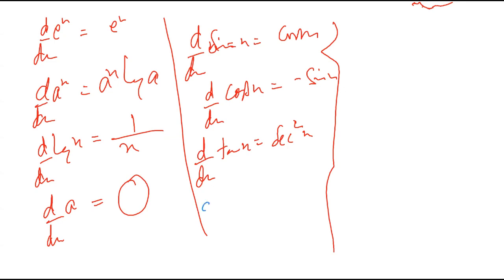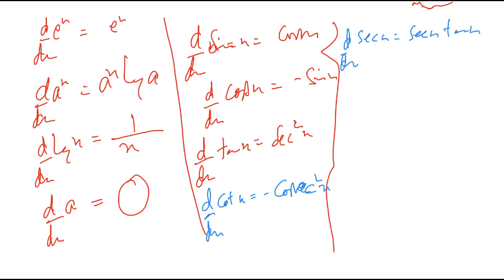d by dx of cot x is minus cosec square x. d by dx of sec x is sec x tan x. d by dx of cosec x is minus cosec x cot x.